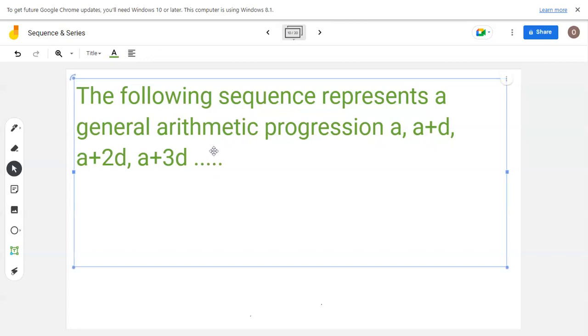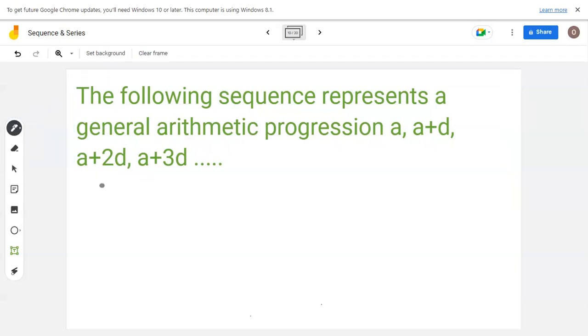Now, let's consider this. For an arithmetic progression, the first term is equal to a. The second term of AP is equal to a plus d.